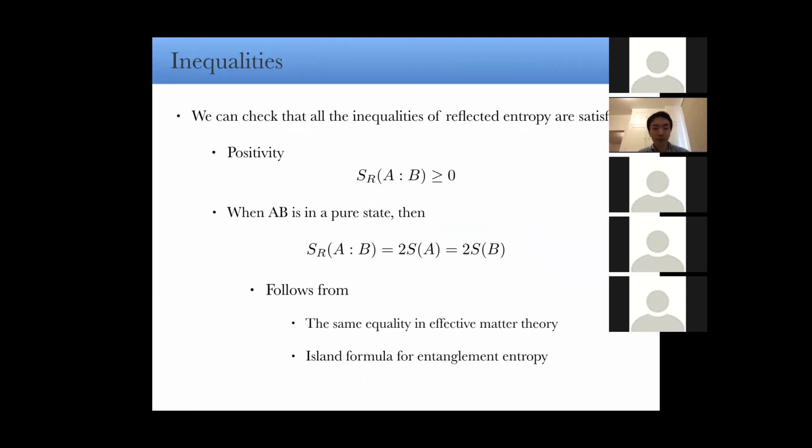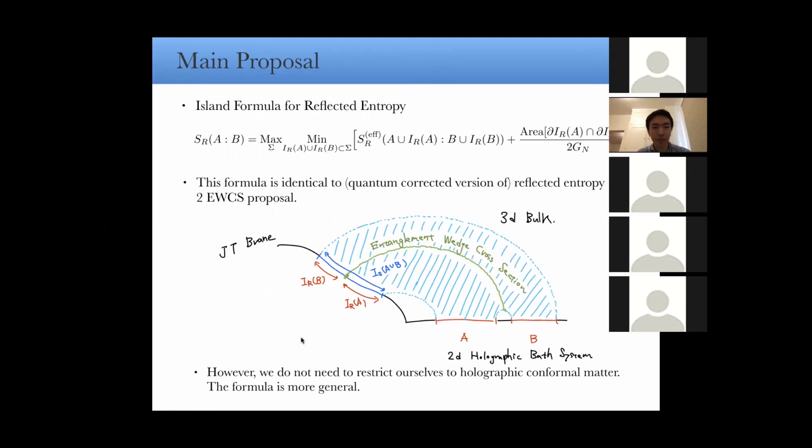And when AB is in a pure state, we should have the reflected entropy be equal to twice the entanglement entropy of A and B. And this can be derived by the same equality in the effective matter theory. So I mean this part. Can you see this arrow? Yes. Okay, great.